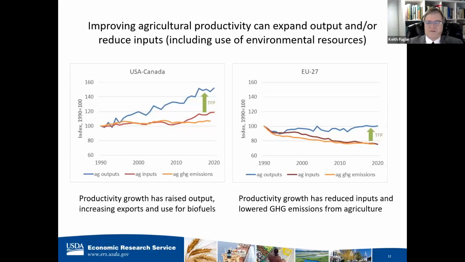And again, they were reducing greenhouse gas emissions per unit of output. So here we see that TFP is contributing not only to profitability and competitiveness, but it's also improving long-run sustainability by reducing the intensity of environmental resources used in the sector.